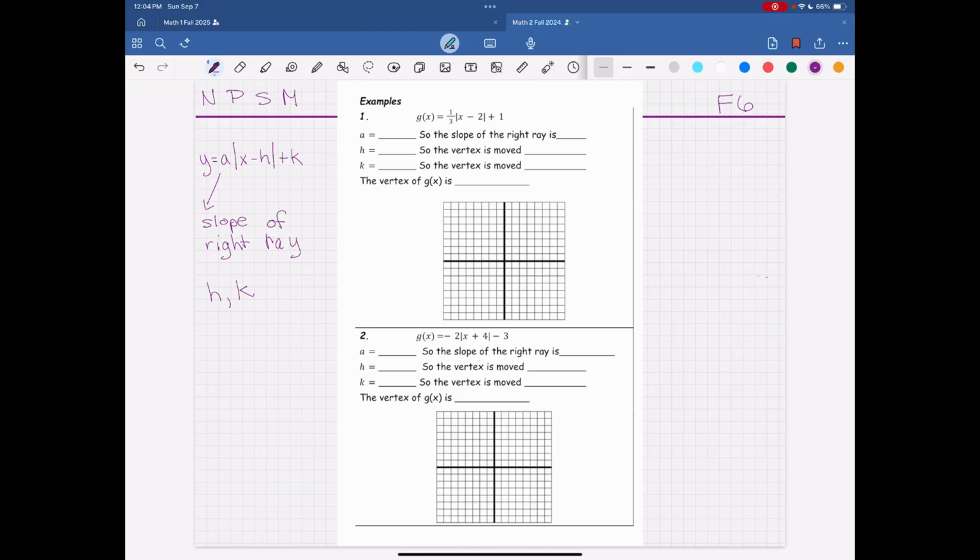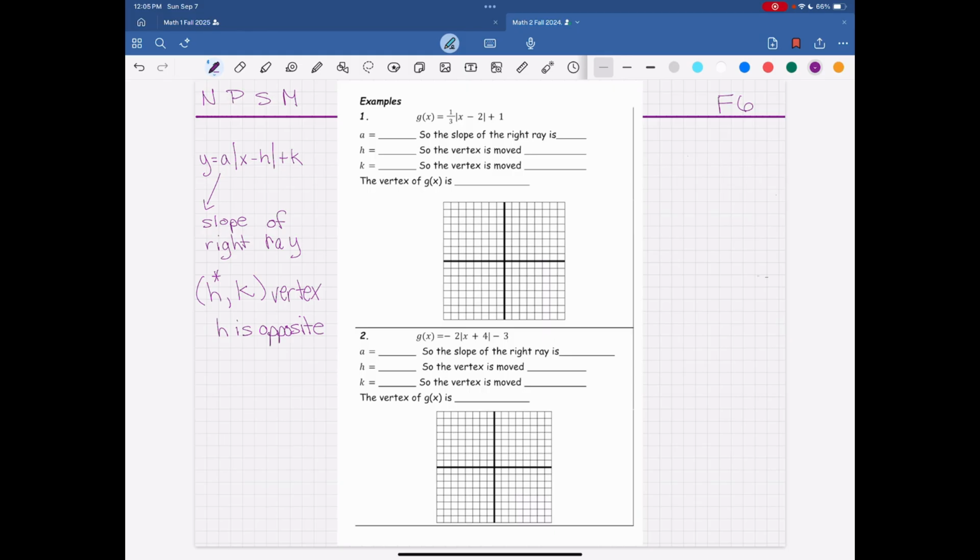Remember, hk is the vertex. But you need to be very, very careful because H is opposite. That subtraction sign right in here means it is the opposite of what you think. So let's combine all these transformations in example 1.